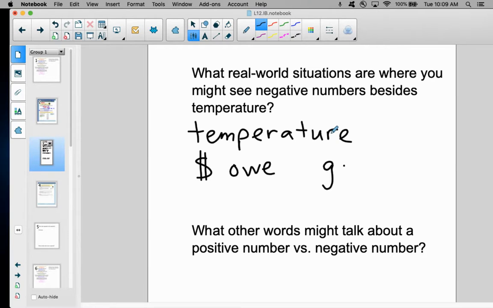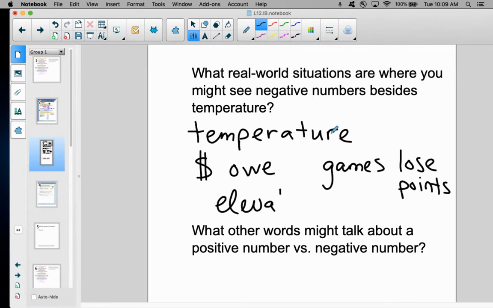Playing games, sometimes you lose points when you're playing different kinds of games, whether they're card games or actual sports games. Sometimes you might see negative numbers when we're dealing with elevation. So how far above sea level are you? That could be another situation besides temperature. Owing money, elevation, and losing points or dealing with games.